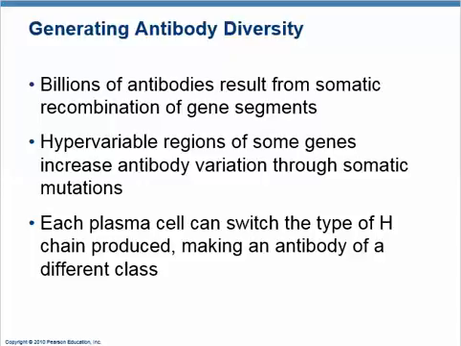Each of these things can be produced by the B lymphocyte. I'm not going to worry about most of it because most of it really is beyond what we technically need for this course.